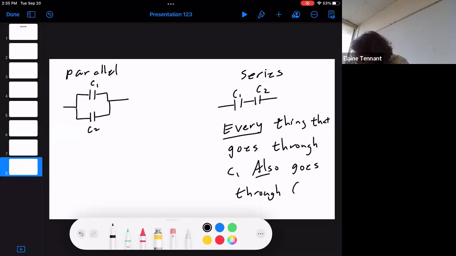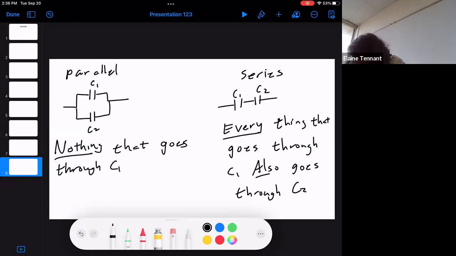So two things cannot be in series unless every single charge that goes through 1 also goes through 2. For parallel, nothing that goes through 1 can go through 2.